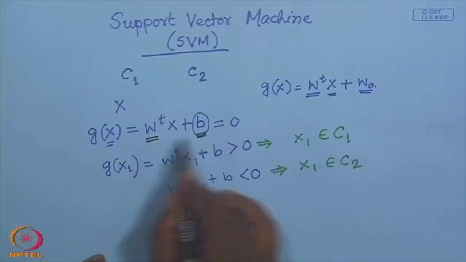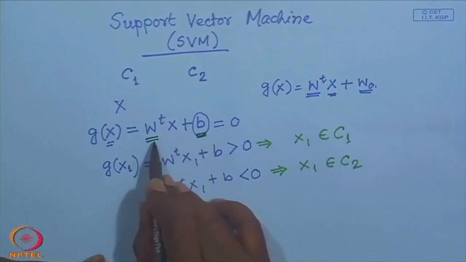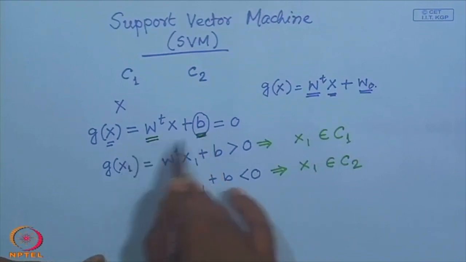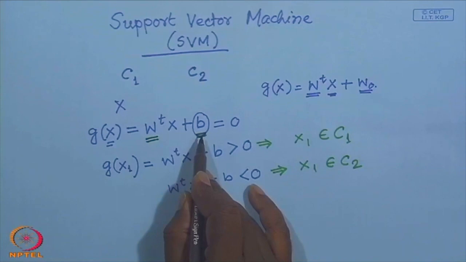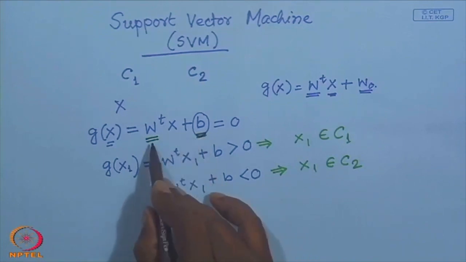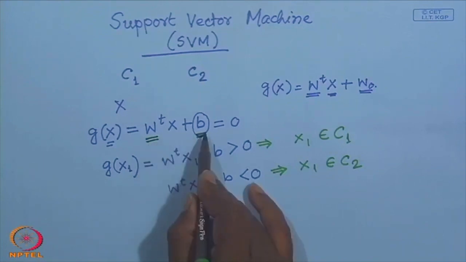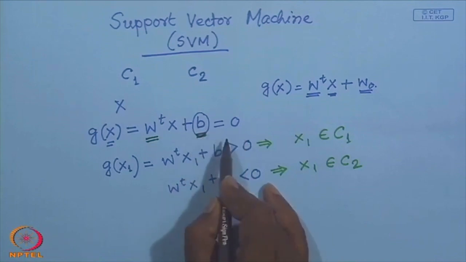Using these training samples, training of the network was done in an iterative fashion. For every training sample belonging to class C 1, we started with an initial value of w and b, and tried to see whether w transpose x plus b is greater than 0 or not, because we have taken a sample from class C 1, so it has to be greater than 0.